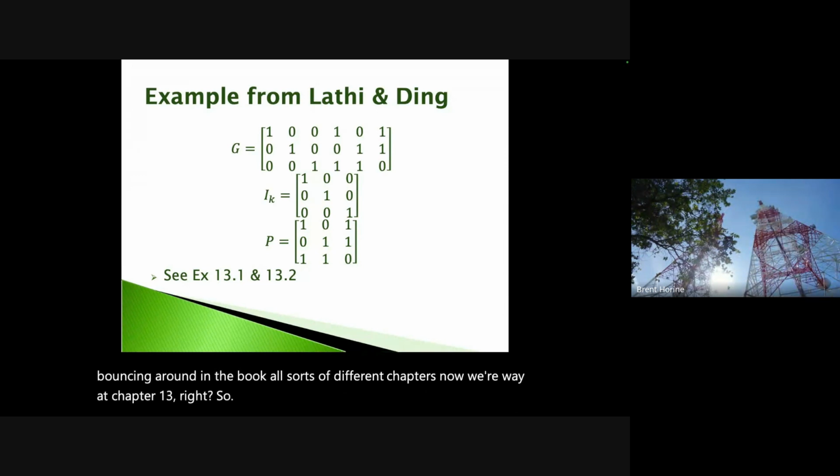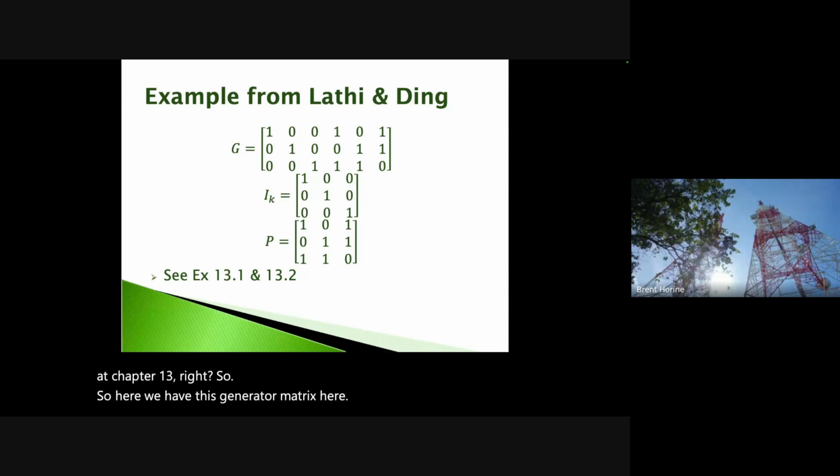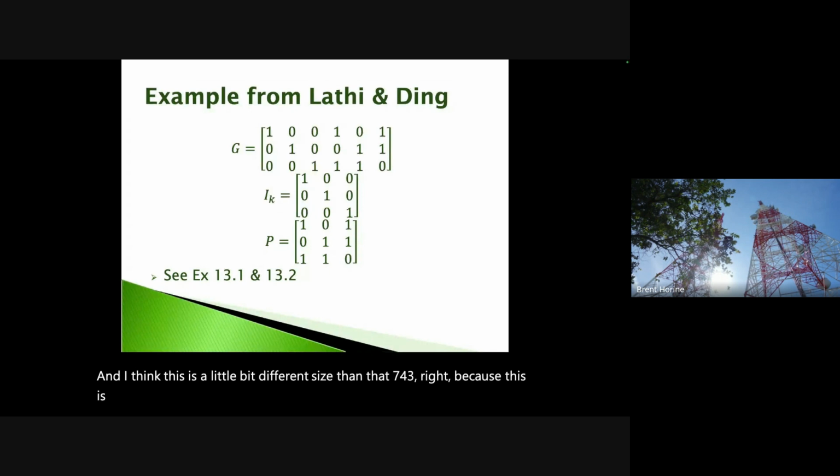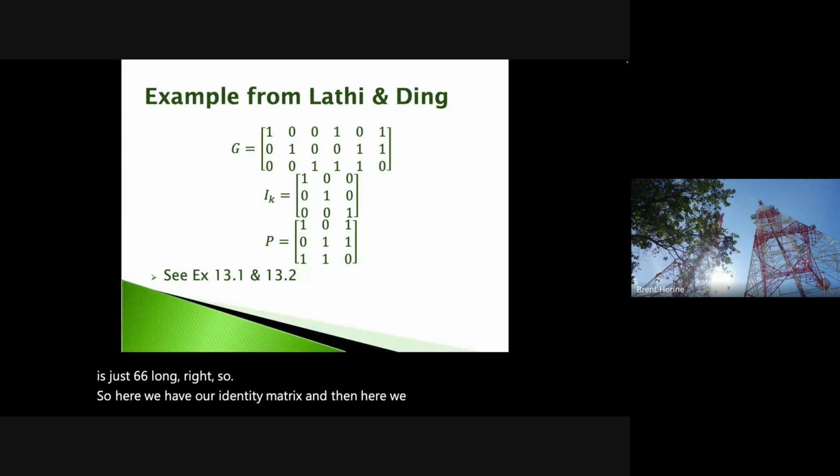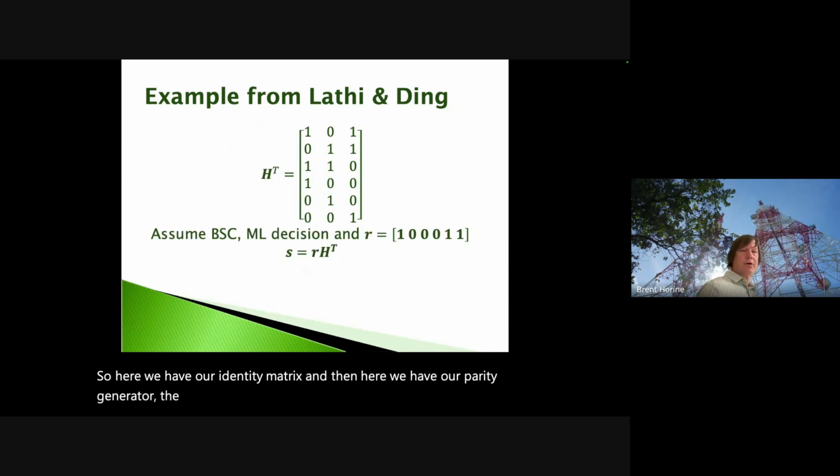Here we have this generator matrix, and I think it's a little different size than that 7,4,3, because this is just six long. So here we have our identity matrix, and then here we have our parity generator, the portion of the parity matrix.